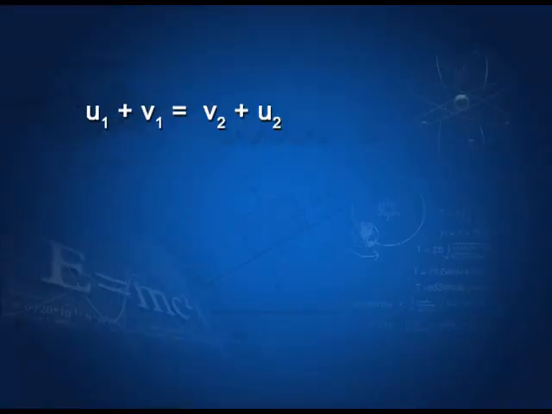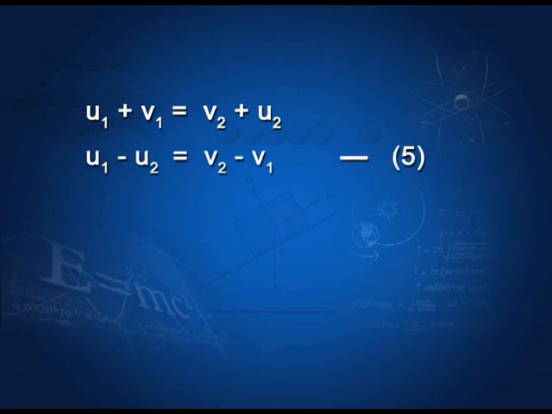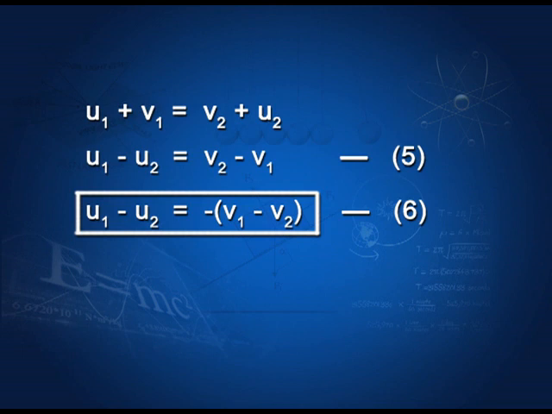Now, dividing equation 4 by 3, we will get u1 plus v1 equal to v2 plus u2, and if we just pile up all the u's, the initial velocities, they will be giving this value. This result can be written in another modified way, and that would be u1 minus u2 equal to minus (v1 minus v2). Let us call this one equation 5 and this one equation 6.